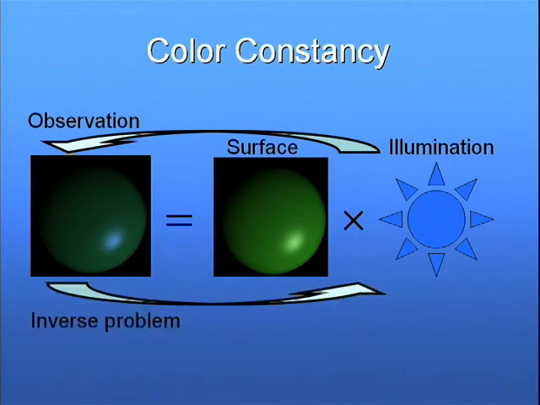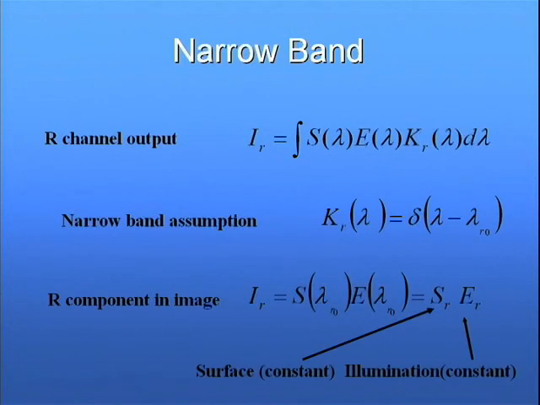Here, in vision, from the obtained result, can we decompose surface color and illumination color? This is the issue. In order to simplify the situation, we assume narrow band. Only a particular band is sampled. So red means red surface and red illumination.